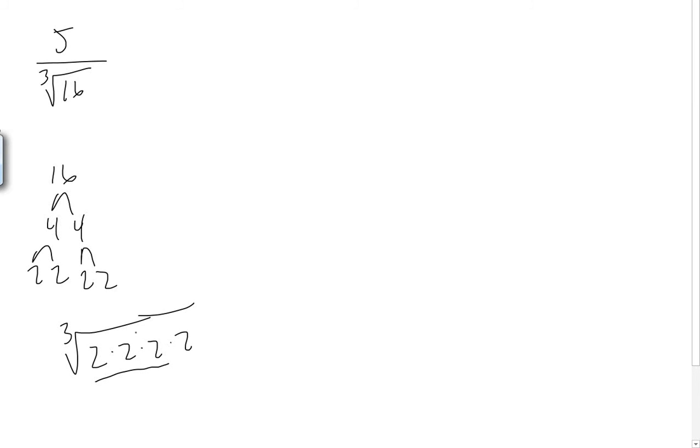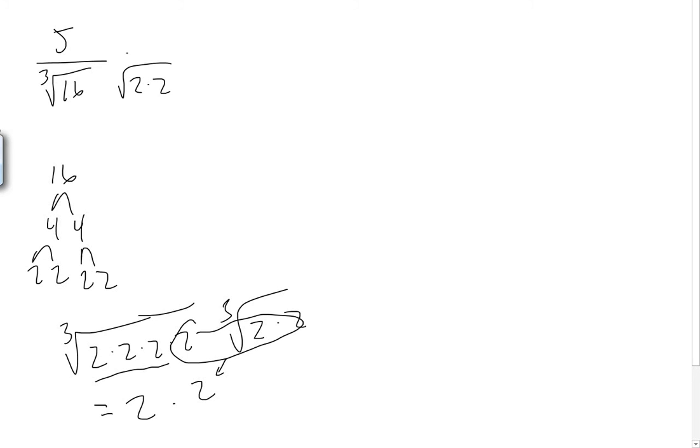These 3 can already come out, but this 2 doesn't have anybody to come out of the cube root with, right? So this is already a single 2, but then I need to give this 2 friends to come out of the cube root with. So I multiply by 2 more 2's on top and bottom so that an extra 2 comes out. These 3 2's inside of a cube root bring out a single 2 on the outside. So the truth is, I'm multiplying by the cube root of 2 extra 2's on top and on bottom. So that I'm left with 5 cube root of 4 on top.